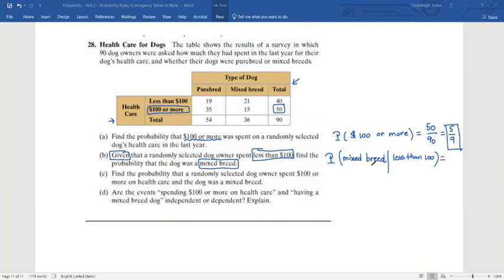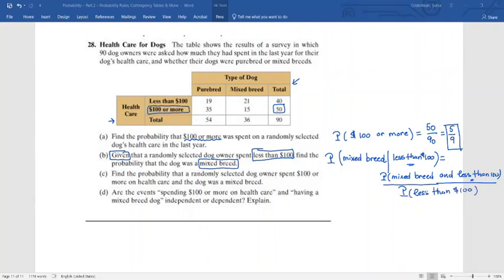And by simply applying the rule for conditional probabilities, you have to put on the top both events. So we are looking for the mixed breed and less than $100 spent. And on the bottom, you have to look for what's right here on the bottom. That is the condition, okay, which is probability of the owner spends less than $100.